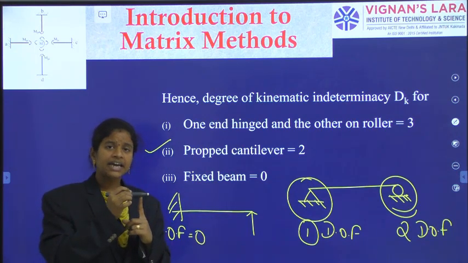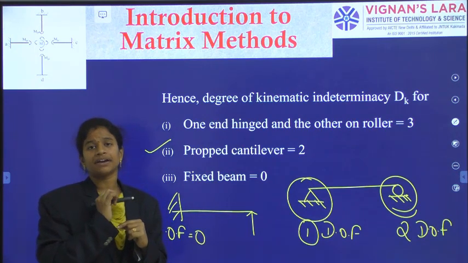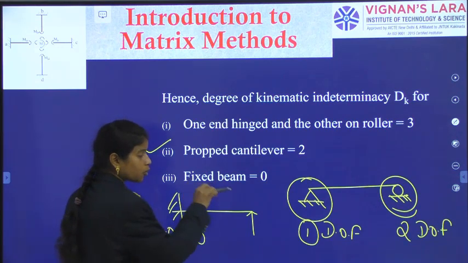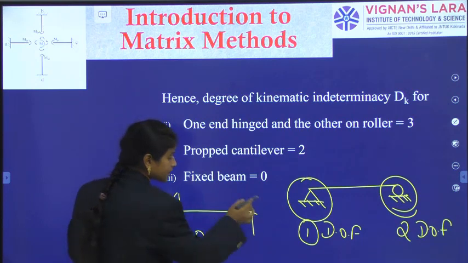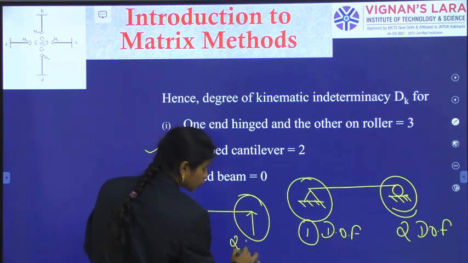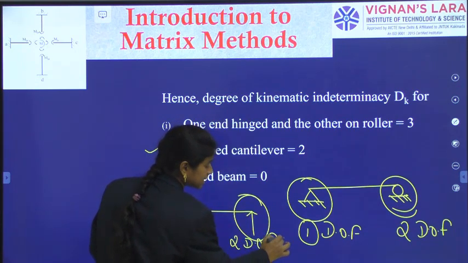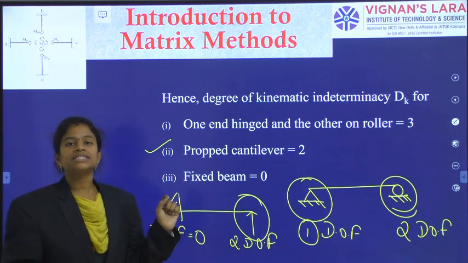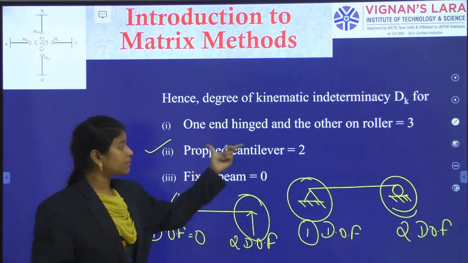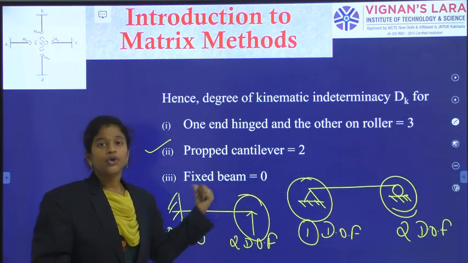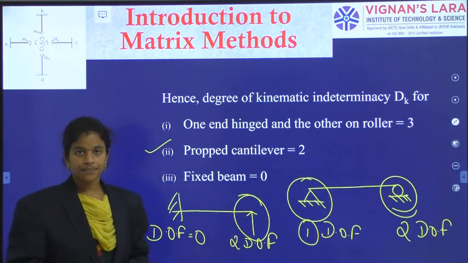It is a simply supported or roller type end, so it can move in the horizontal way or it can give the bending. So this end will have 2 degrees of freedom because it is a roller type or simply supported end. So the total propped cantilever is having 2 degrees of freedom.